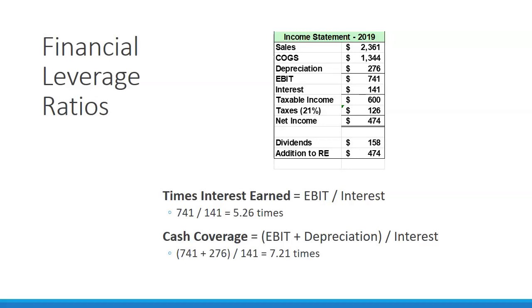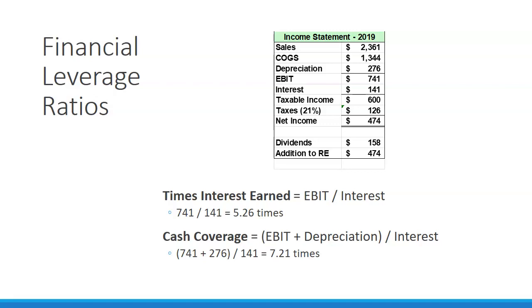The additional financial leverage ratios are times interest earned and cash coverage. What is our ability to cover our interest payments, which is an indicator of our ability to cover and pay for long-term debt? We take earnings before interest and taxes, that's EBIT, divided by interest.